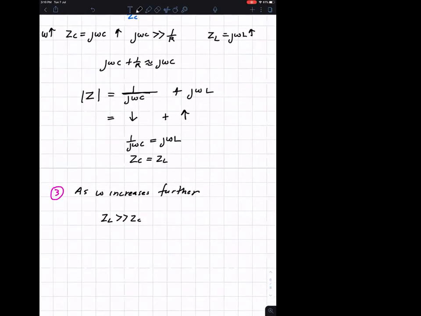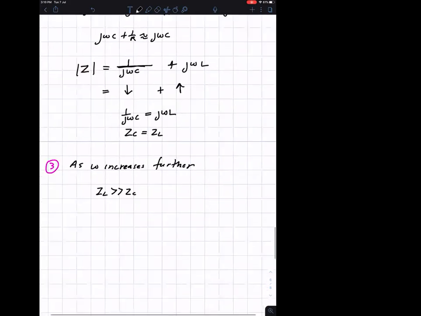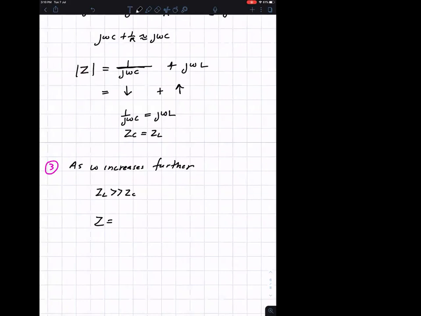The inductive impedance becomes much larger than the capacitive impedance after the resonance. So after the resonance, Z, which is 1 over j omega C plus 1 over R plus j omega L, is approximately j omega L.